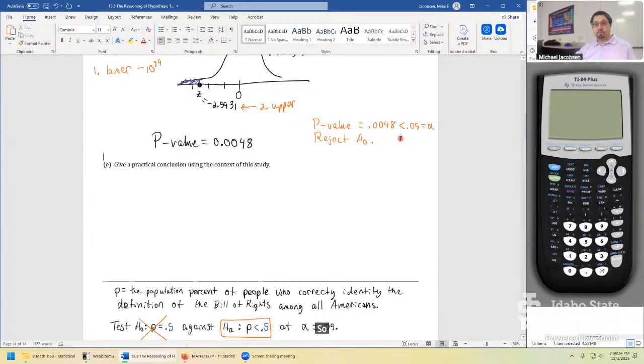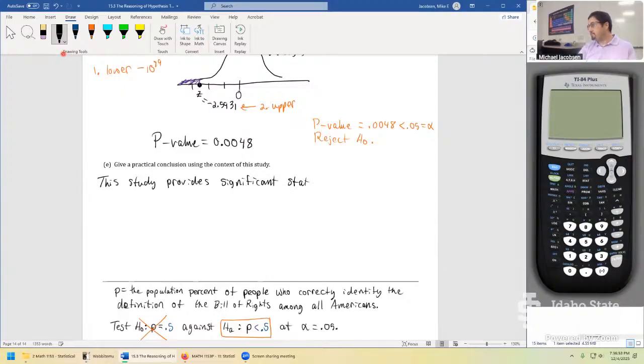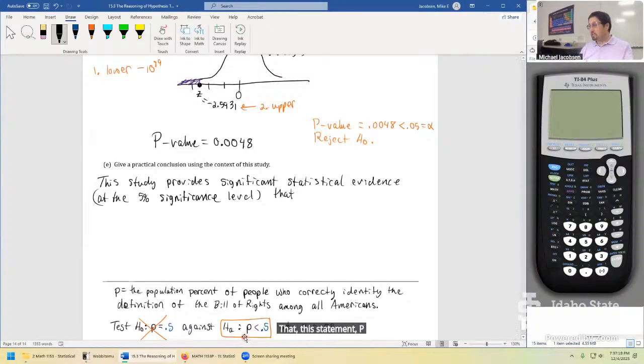So at that value, with the p-value less than alpha, we can now say this study provides significant statistical evidence at the 5% significance level that this statement, p less than 0.5, is true. We have to write it out.